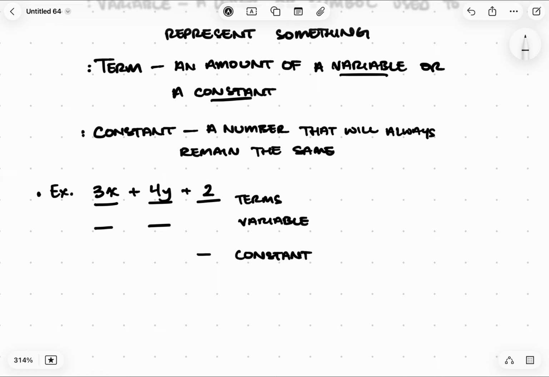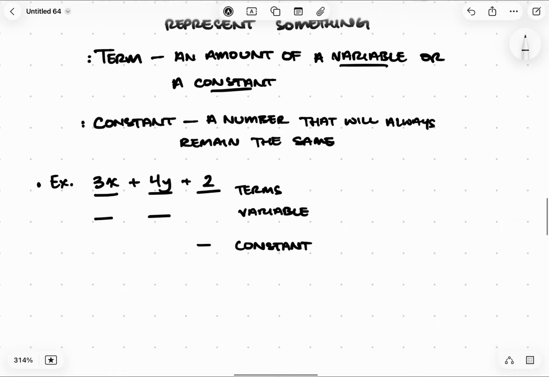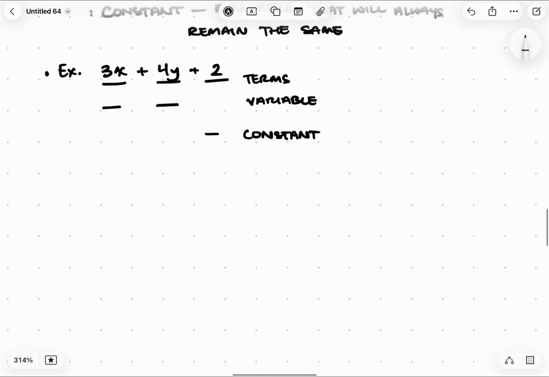So the class is like the terms, right? Students, how many students there are. Both boys and girls are students. But then you have the variable, which is, let's say, the number of boys, and the constant, which is the number of girls, right? So they both add up to become the terms.